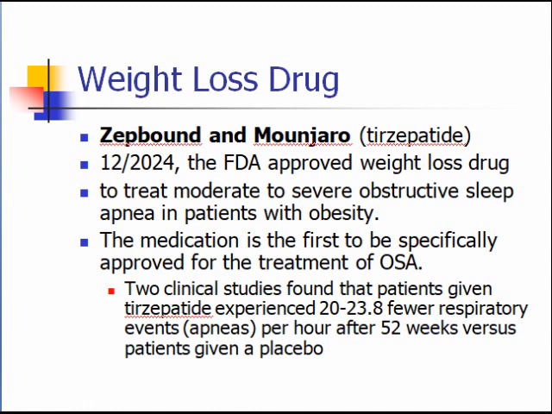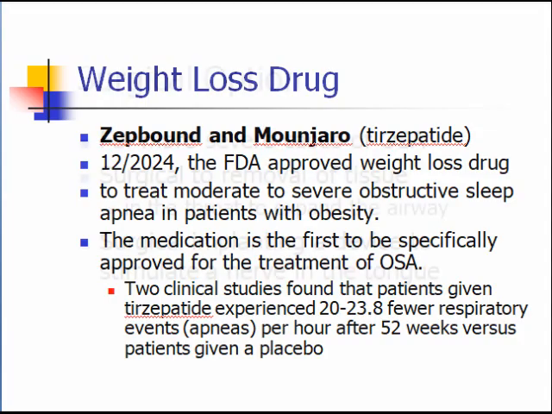Two clinical studies were done with these drugs, and they found that there were 20 to 23, almost 24 fewer apneas per hour when they had the patient on this drug for 52 weeks versus patients that were given a placebo.